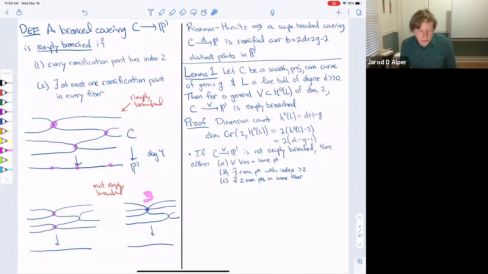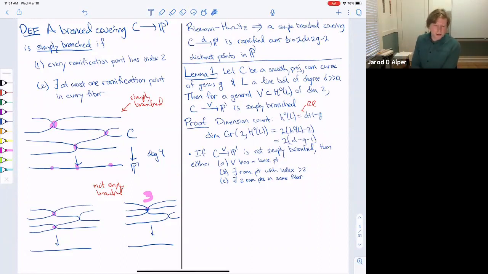And the argument, I won't go through it in full detail, but it's just a dimension count. By Riemann-Roch, the dimension of global sections of L is D plus 1 minus G, and so the Grassmannian of 2-planes in this vector space has dimension 2D minus G minus 1.